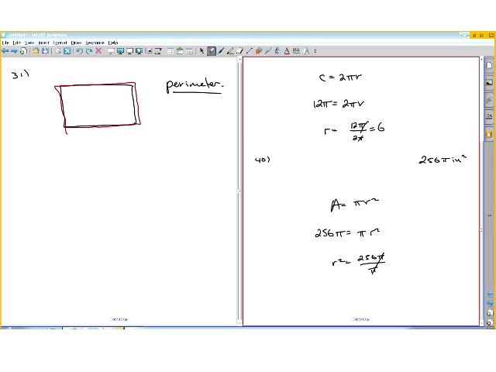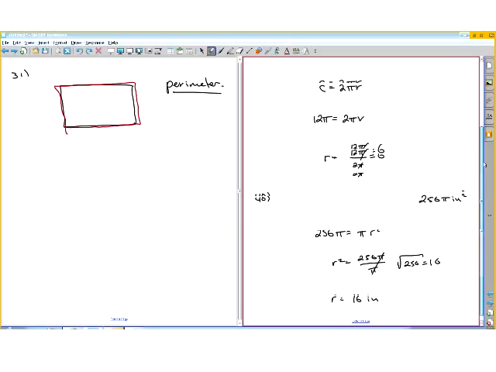So we divide both sides by pi to get r squared. Those cancel out to become a 1. Take the square root of 256, and we get 16. So the square root of 256 is 16. The units are inches squared for the area, so the radius is inches.